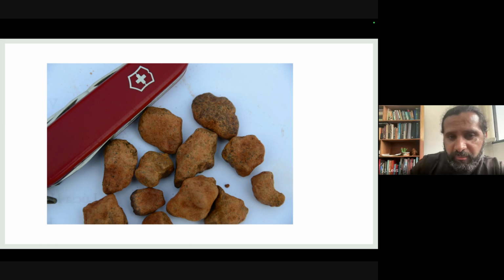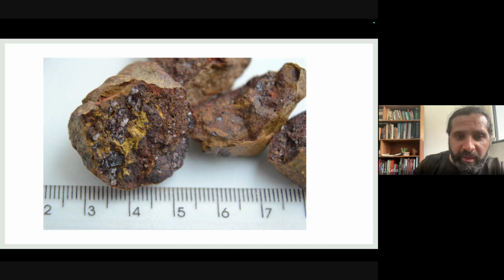So here are some of these pebbles that you can see. They are quite hard, quite heavy. And if you break one, you can see soil cemented by iron. We can see some quartz crystals inside this pebble.